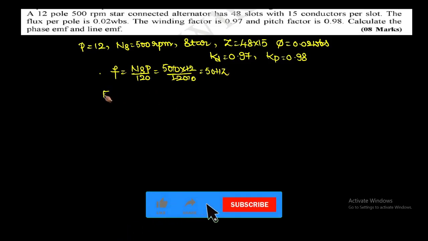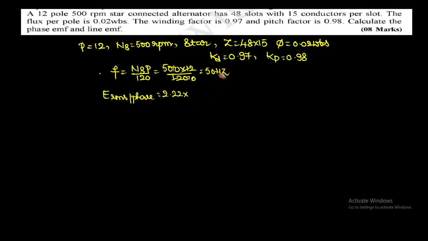Now we can calculate the E RMS per phase, that is the EMF induced per phase: 2.22 into Kp value 0.98 and Kd value 0.97, into frequency 50, and phi value 0.02, and finally the conductors, that is 48 into 15. If you multiply everything you are going to get 1519.43 volts, that is the EMF per phase.